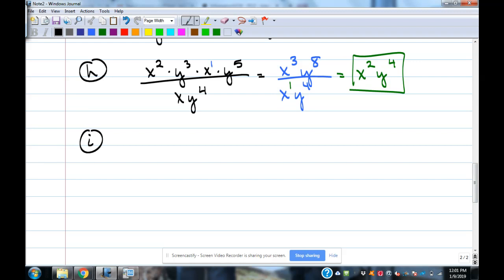Let's see if we can do this. Let's take x squared y to the 5th over x to the 7th times x to the 8th y over y squared. All right, so here's where you have to have that working knowledge of how to multiply fractions together.